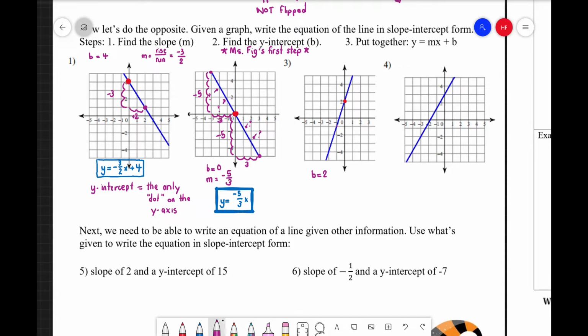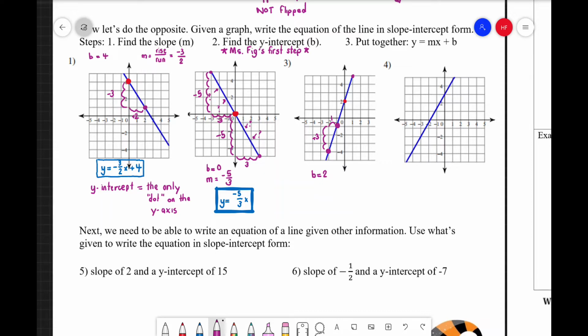So I see one here, I see one here, and I see that there would probably be one there. And if I look at all those points, they look equidistant from the next one. So I can count my slope from this point to this point. So I'll go up 1, 2, 3, and over 1.